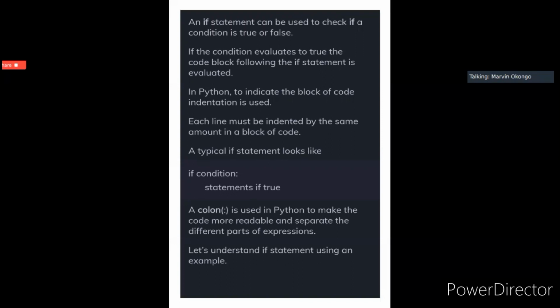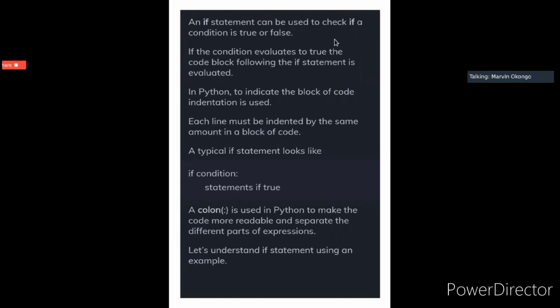Do you remember what true or false means in Python? Yeah, true or false is a Boolean data type, or bool. In our case, if and else can help define the bool data type.